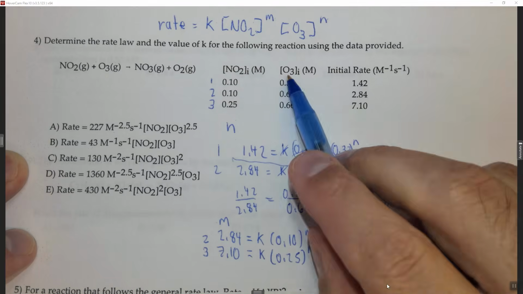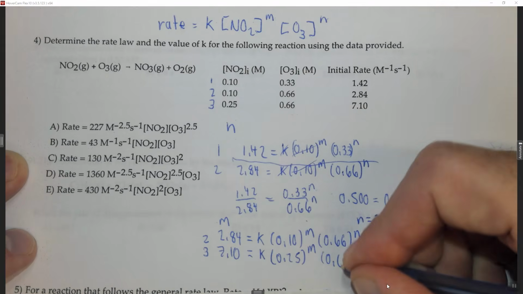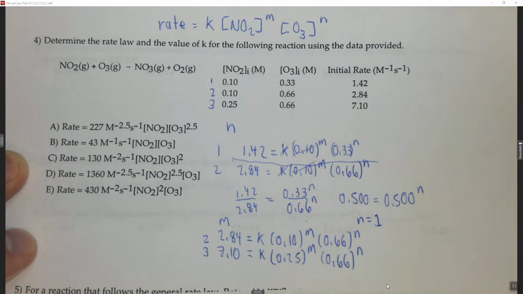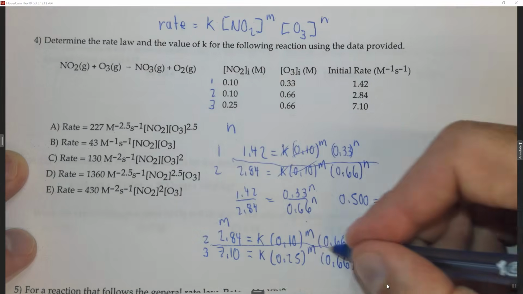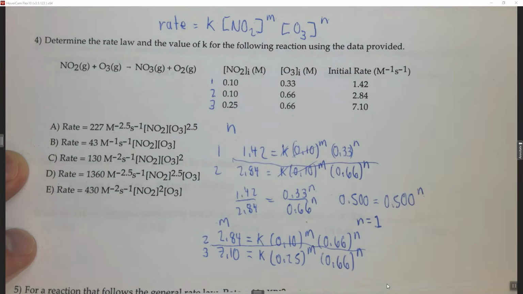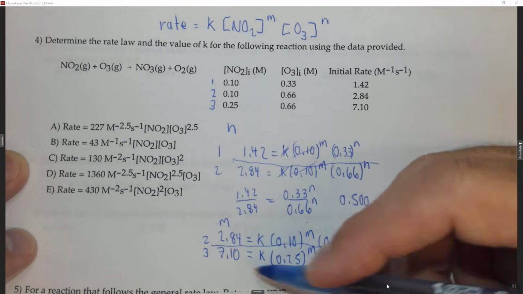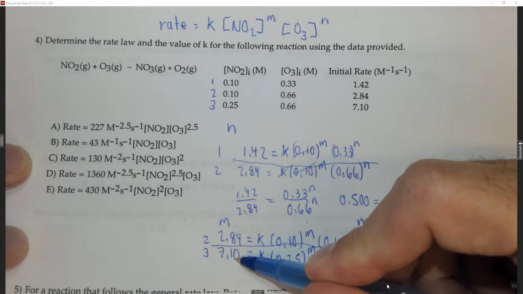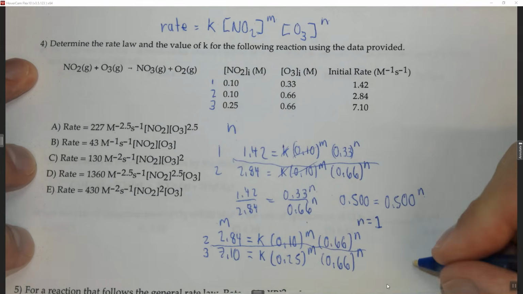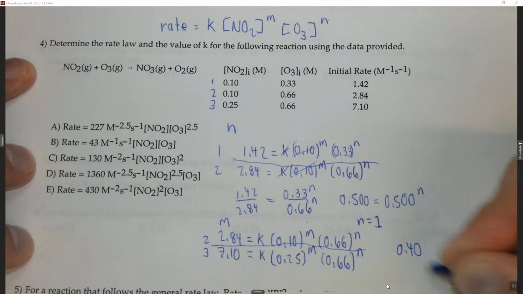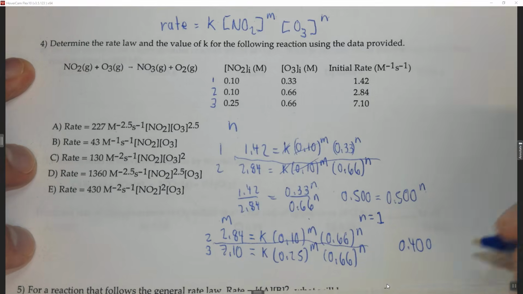And I know the concentration of O3, which is 0.66 to the n. Divide these through. I'm running out of space, so I'm going to put it over here. And what you get is 2.84 divided by 7.10 is 0.40. I'm going to add a 0.